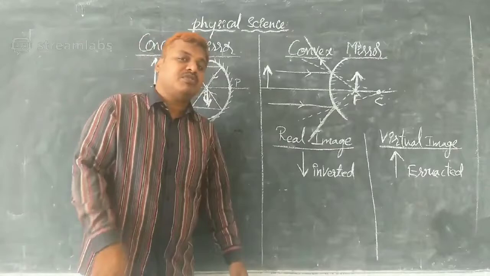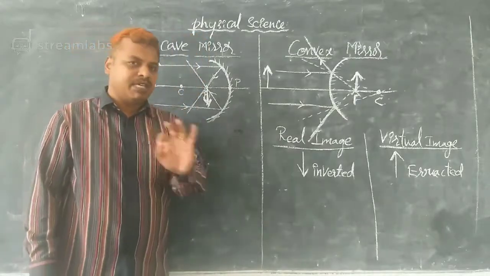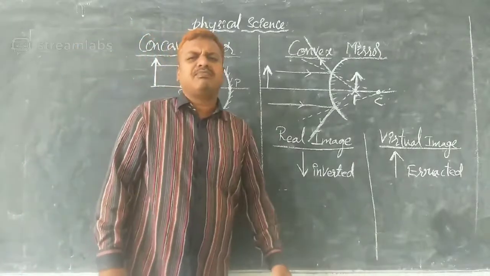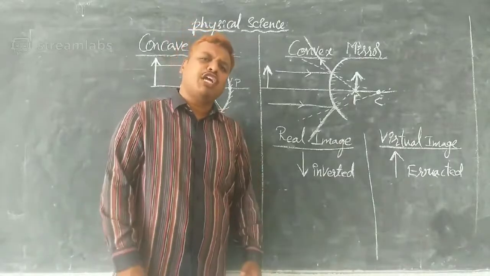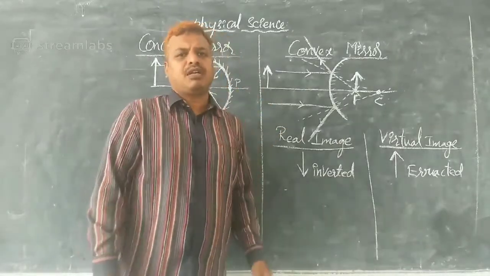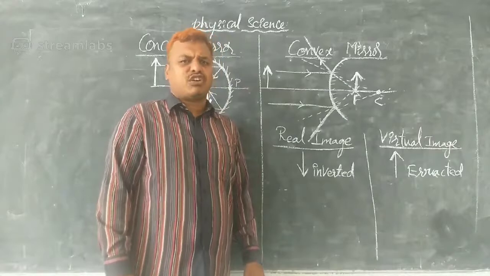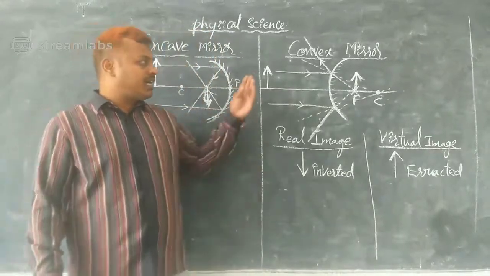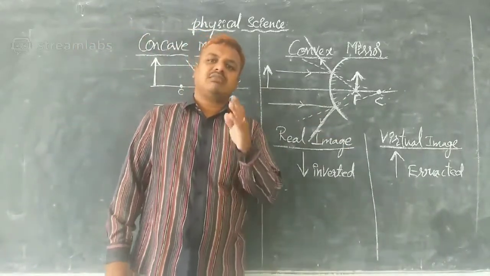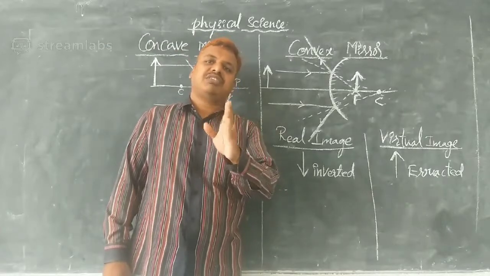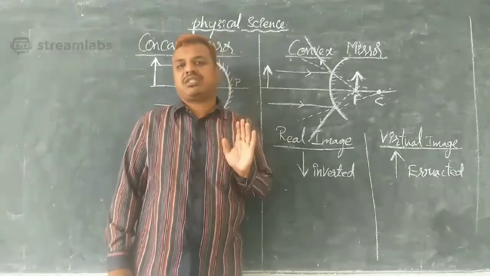Remaining all other times it is going to form a real image only. That is why majorly they take concave mirror forms real image only. They take it for granted, right? When it comes to convex mirror, it always forms an erect image, that is called virtual image.